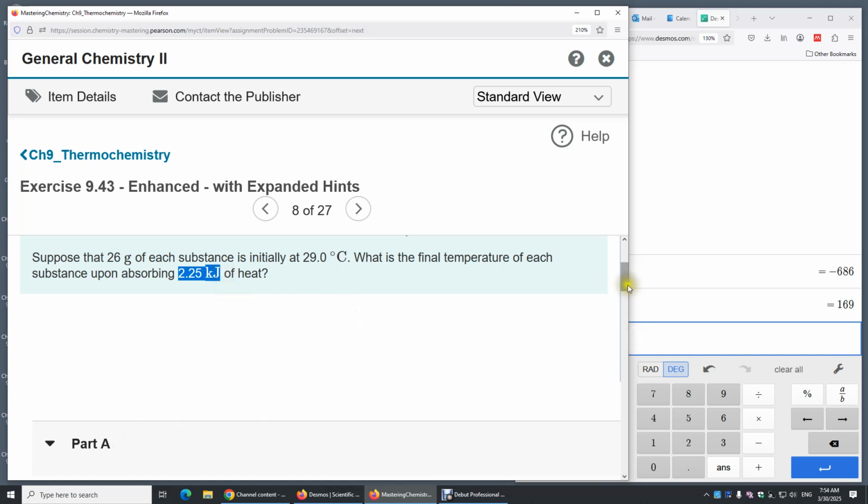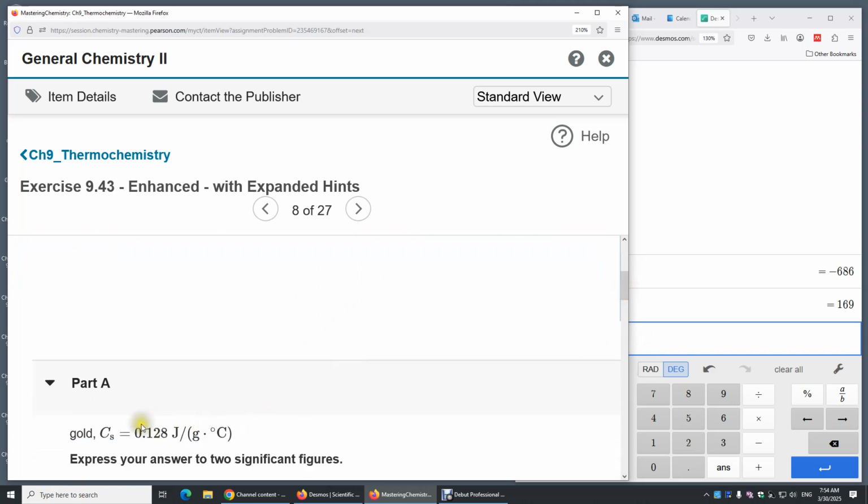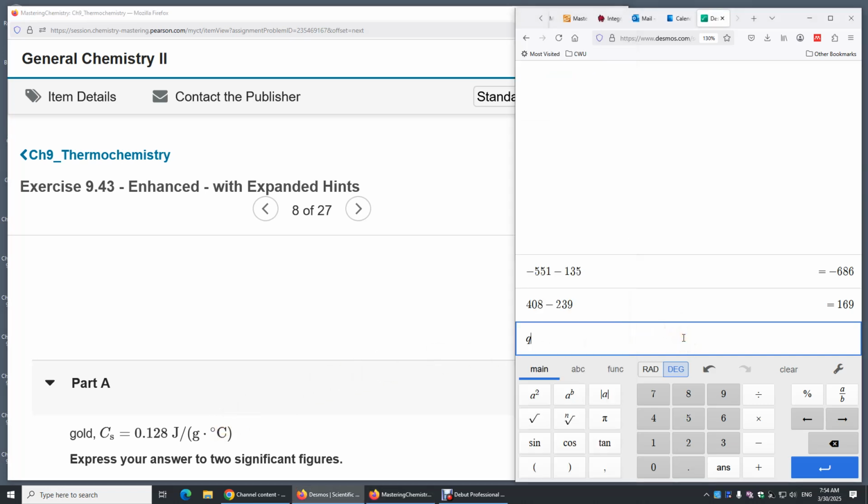Part A, we have gold with a specific heat capacity of 0.128 joule per gram degree Celsius. Now we'll just use this equation. Q is equal to mass times Cs, the specific heat capacity, times delta T. Over here I'm going to use T final minus T initial, and that's the equation we're going to use.